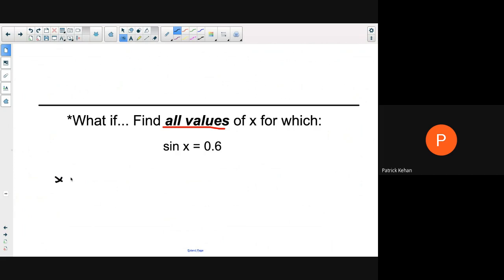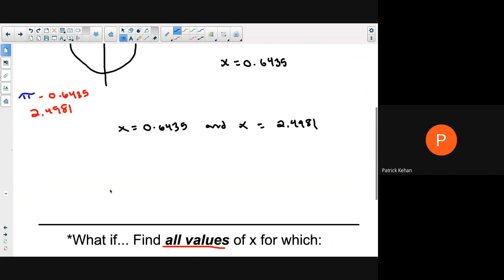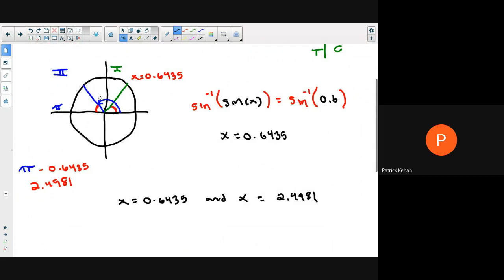So x equals 0.6435, and then I'm going to add 2 pi n radians to this terminal angle solution right here, right? That's going to take me to all coterminal angles that are also solutions to this first quadrant angle.